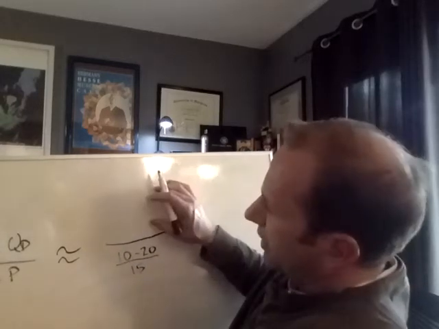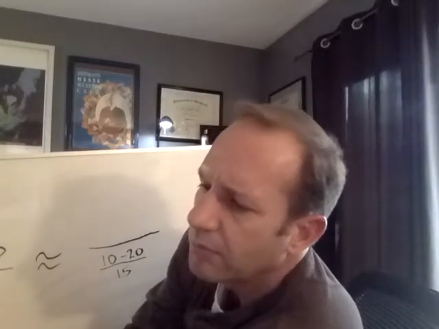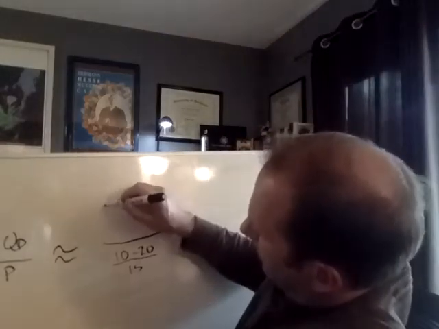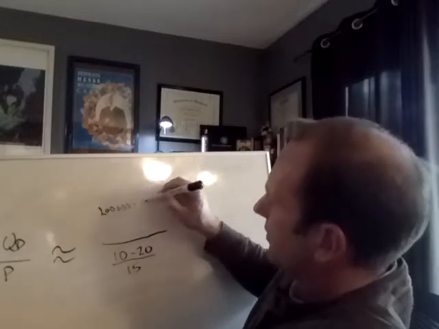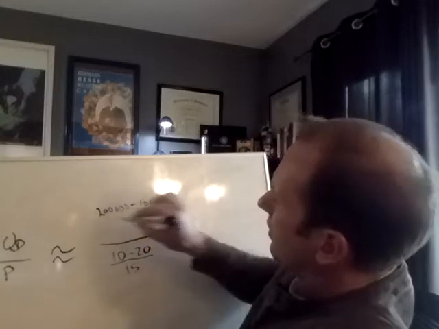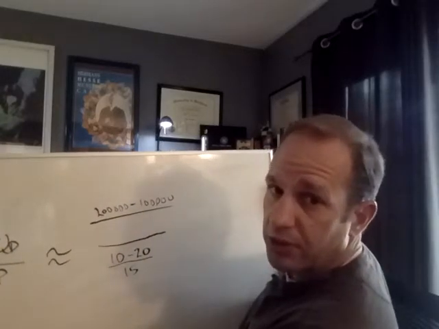On the quantity side, the quantity rose, let me double check my stuff here, from 100,000 to 200,000. So my new one is 200,000, and I will write it out. New minus old. Instead of being over old, it's going to be the middle of those two figures.